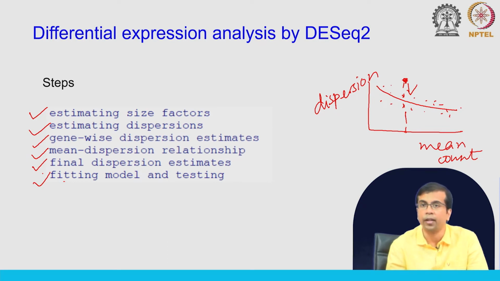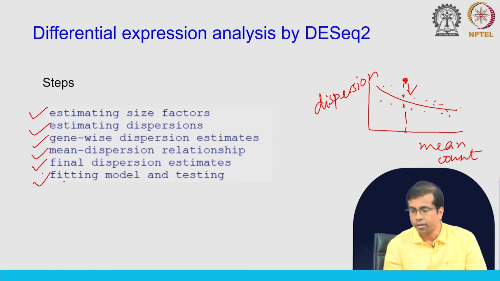This generalized linear model will give the estimates for these coefficients, the beta values, right, and then you have the hypothesis testing to identify genes that are differentially expressed. So, it will simply generate the test statistics, the Wald test statistic and the p value, right. And of course, it will also do a p value adjustment for multiple hypothesis testing.